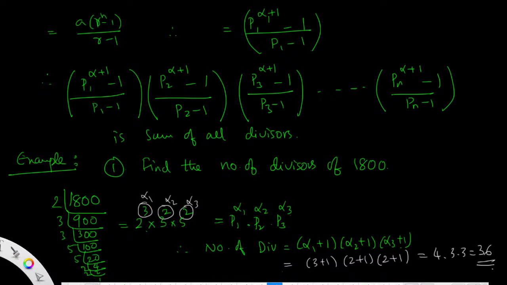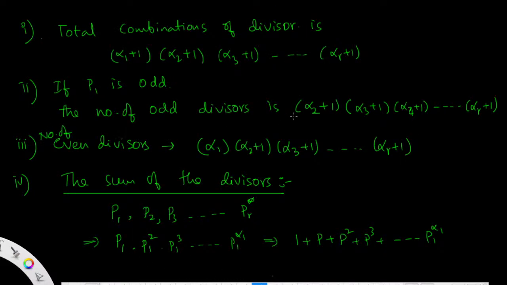Find the odd divisors of 216. Just now we have learned that for odd divisors, we start from alpha 2 plus 1, alpha 3 plus 1, and so on up to all values.